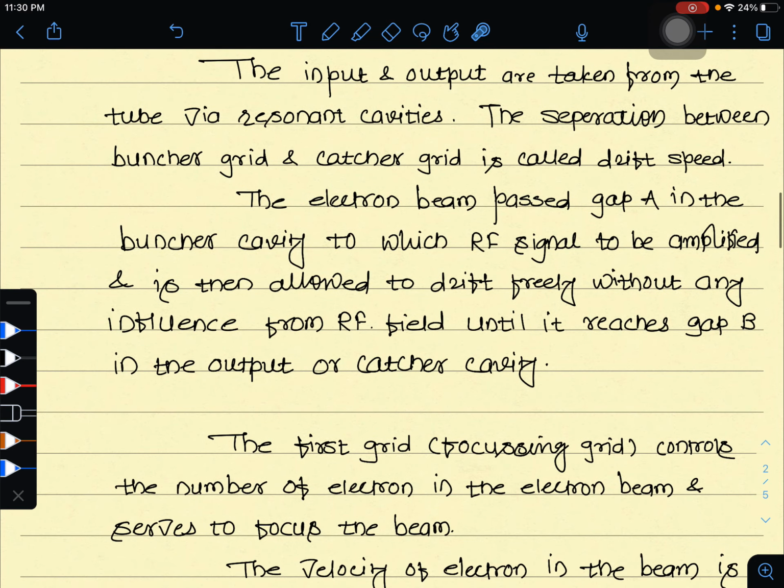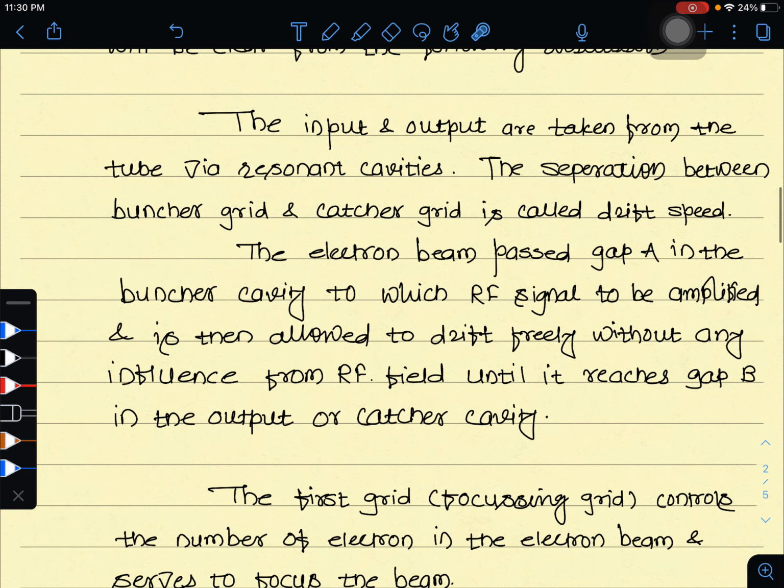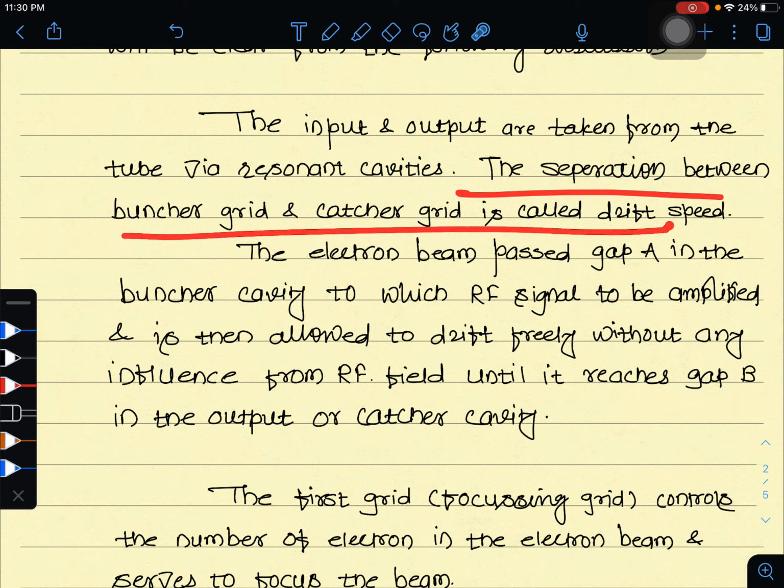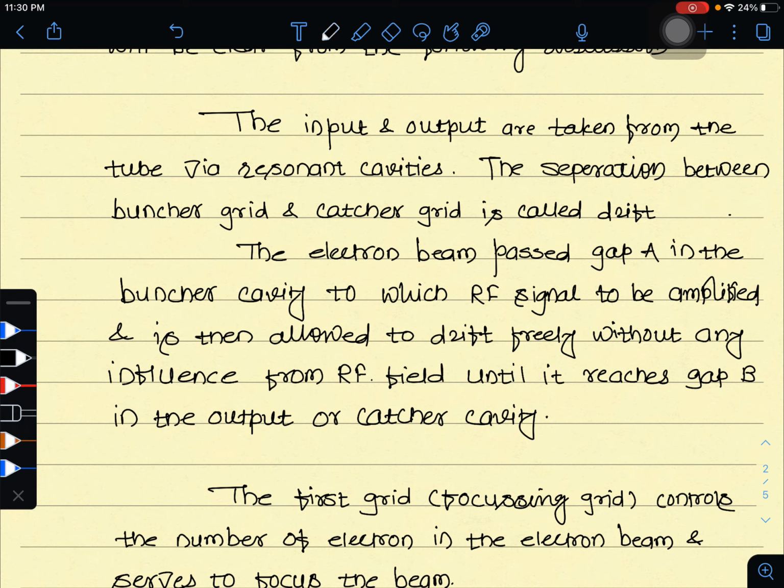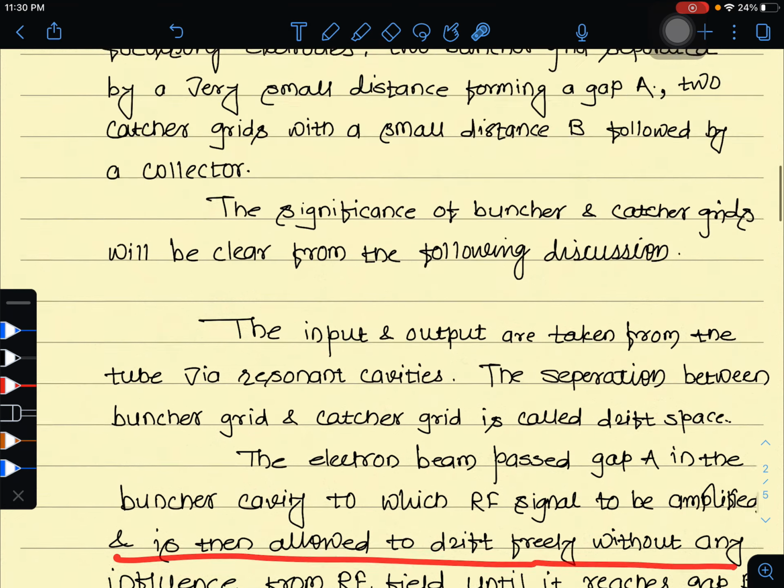The separation between the buncher grid and the catcher grid is called the drift space. The electron beam passes through gap A in the buncher cavity, to which the RF signal to be amplified is applied, and it is allowed to drift freely without any influence from RF.